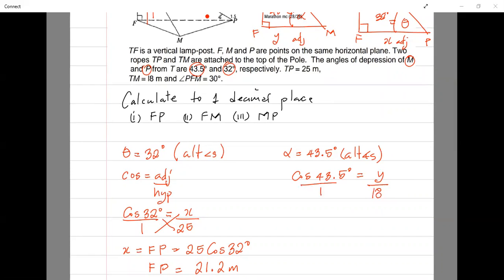Cross multiplying, y, which is FM, is equal to 18 cosine 43.5 degrees. So FM is 13.1 meters.